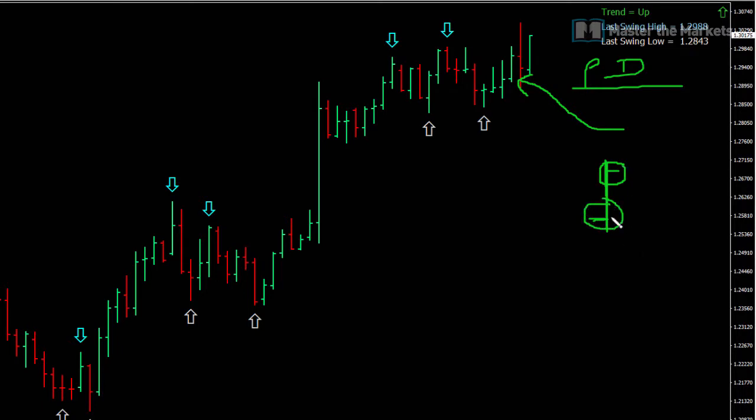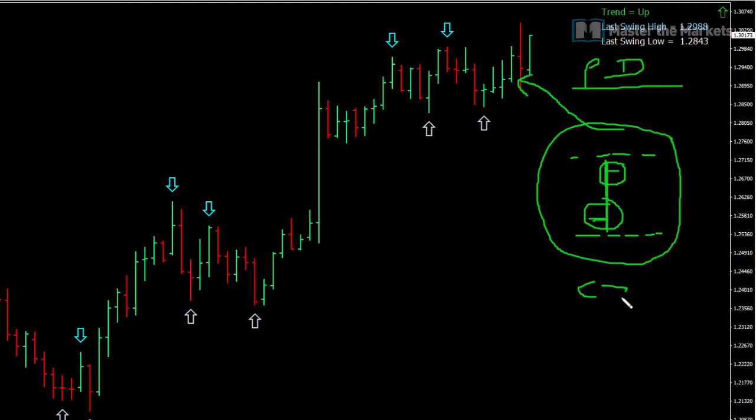The second point is where it has closed in relation to the range of the bar.